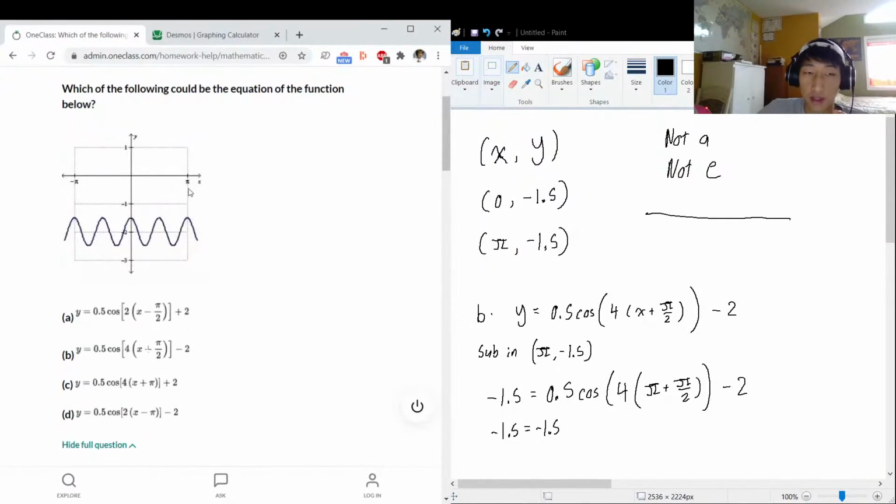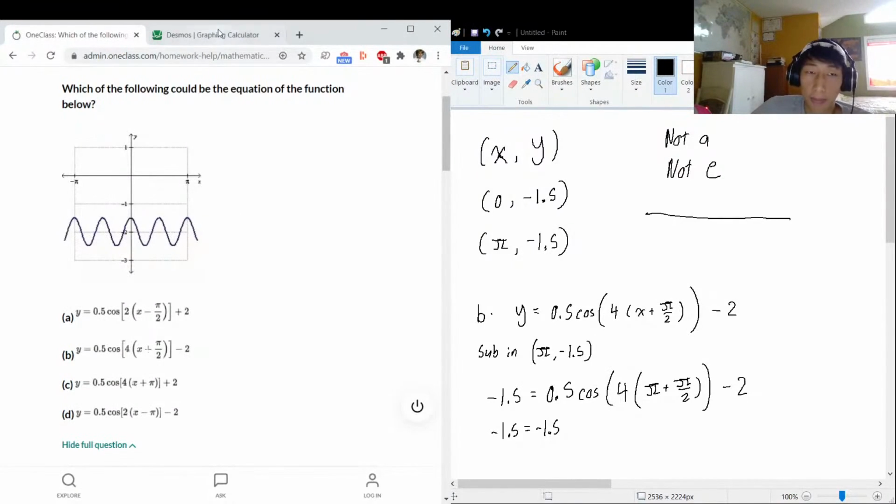So in a single pi, there are 2 whole periods. That means it is going 4 times faster than just regular cos. So the thing that's multiplied by 4 is what matters, because it is going 4 times more frequently than it would be regularly.